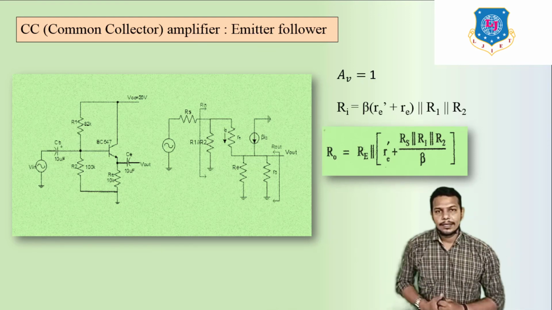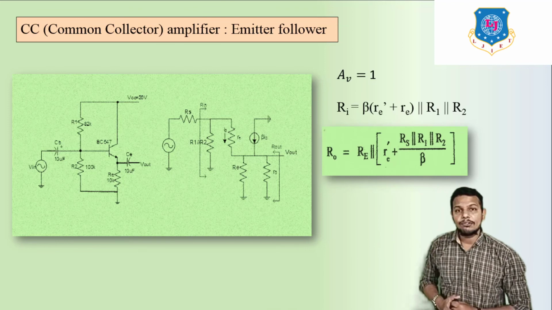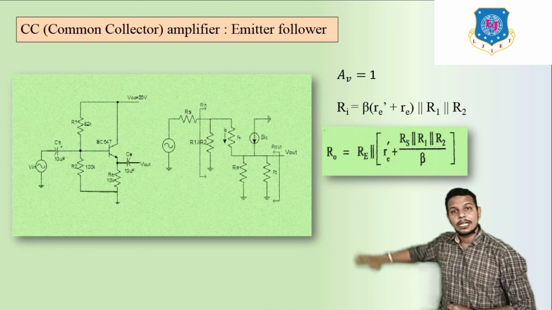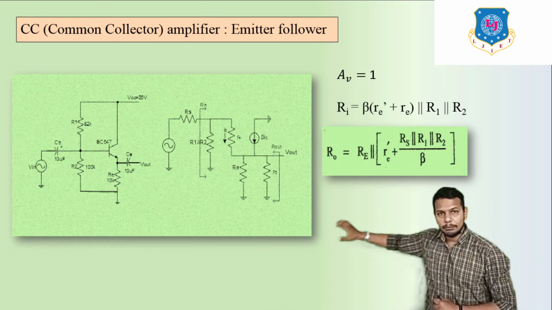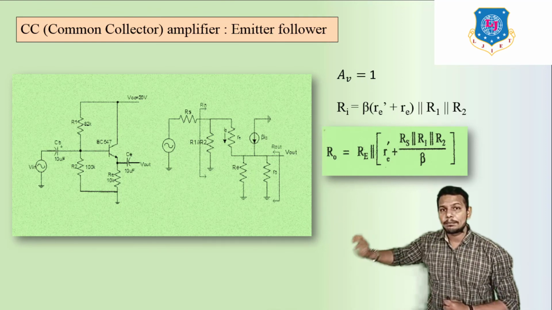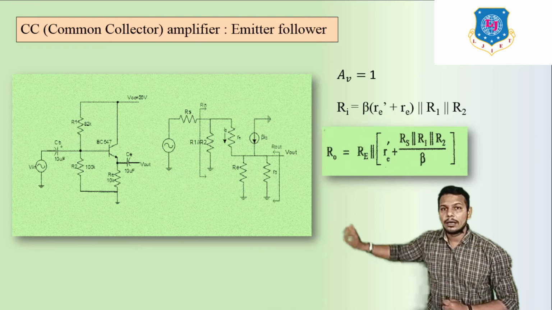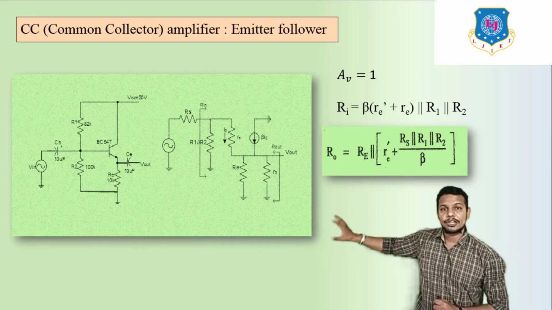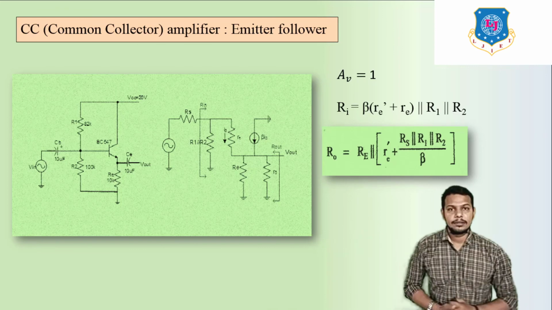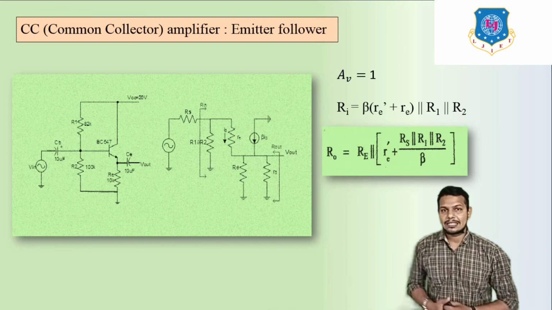Now Ri, the input resistance, which we find across the input side. Its equation is beta Re dash plus Re, parallel R1 parallel R2. So this is the equation of Ri, the input resistance.